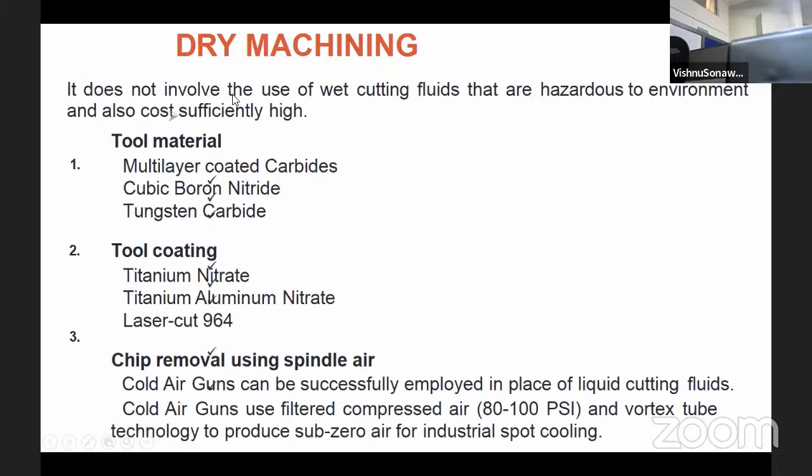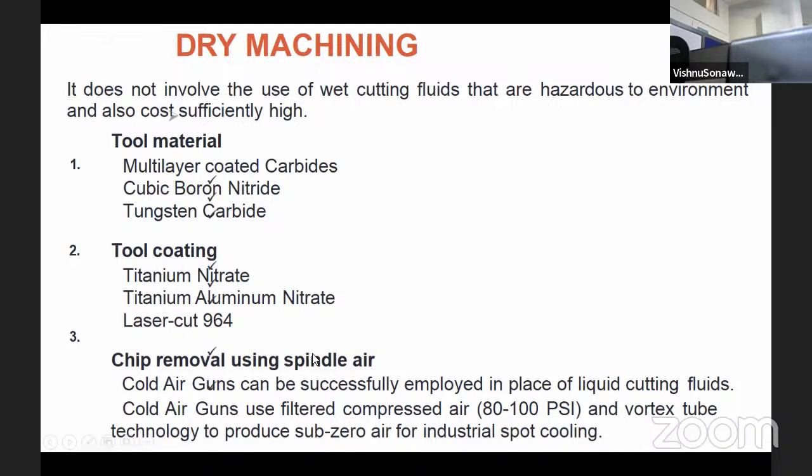We have also explained this dry machining operation, the tool material and the tool coating. For the coating, titanium nitride, titanium aluminum nitride, and similar materials are used, and the chips are removed using the spindle air.